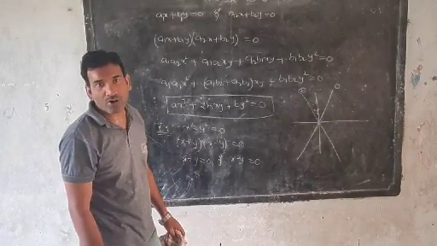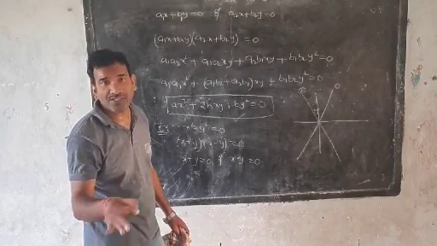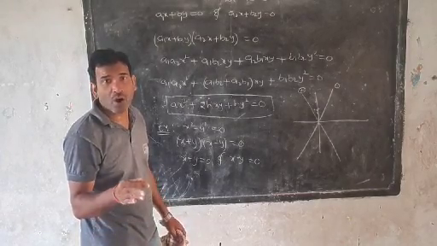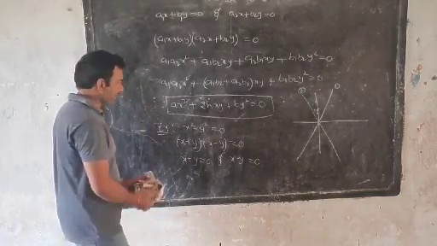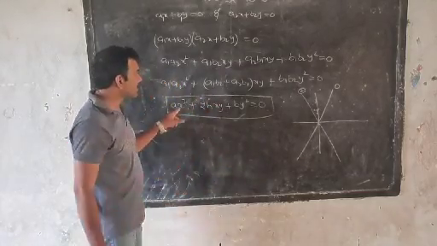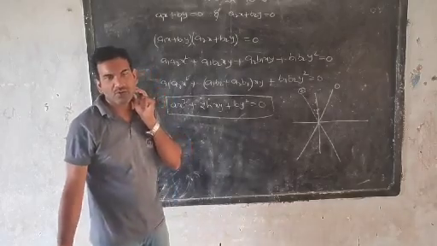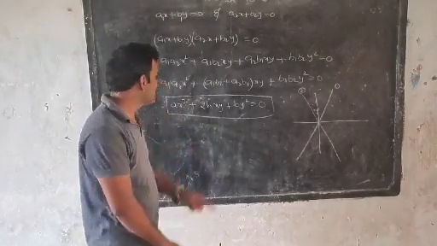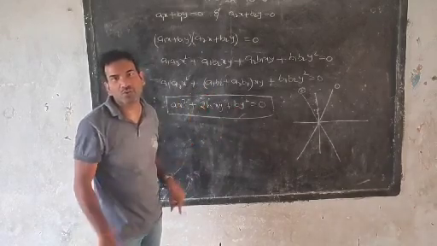Represents product of two straight lines which are passing through the origin. Next, suppose this type of equation is given. In our textbook we have one type of problem, that is, if this type of equation is given, we have to split that into two straight lines.